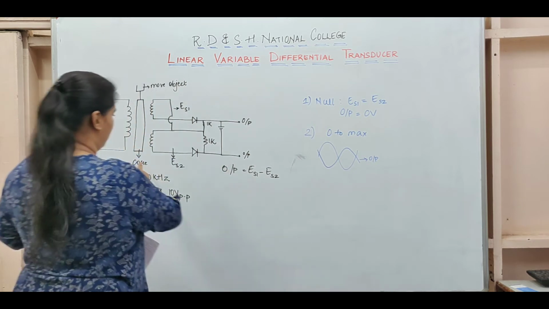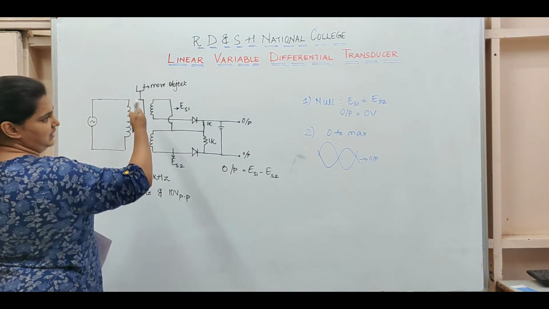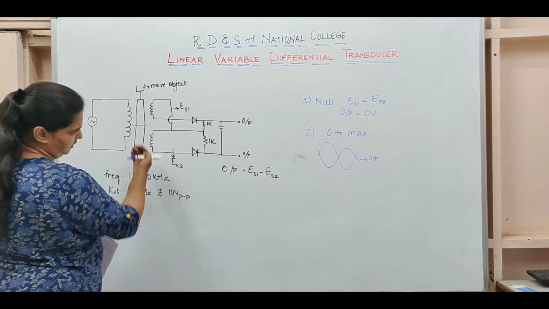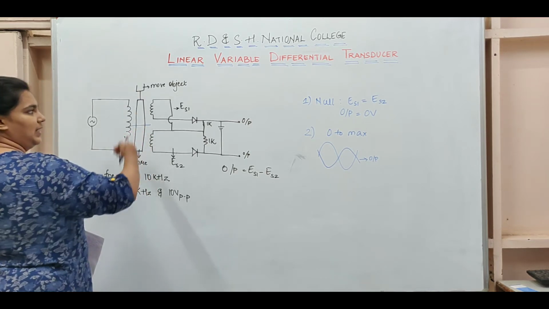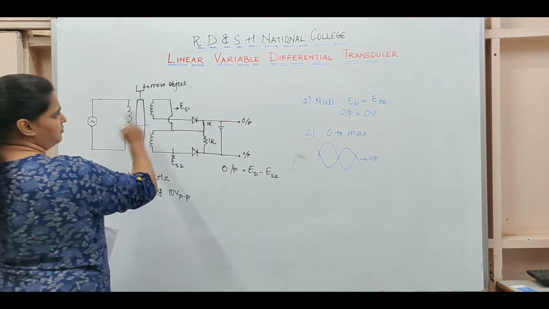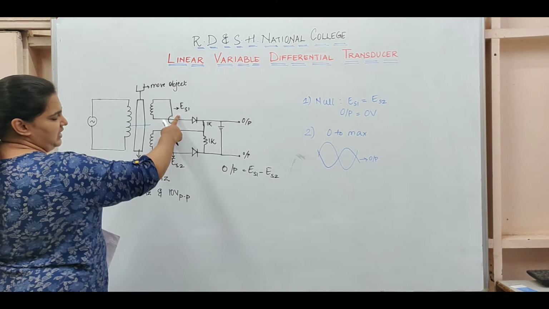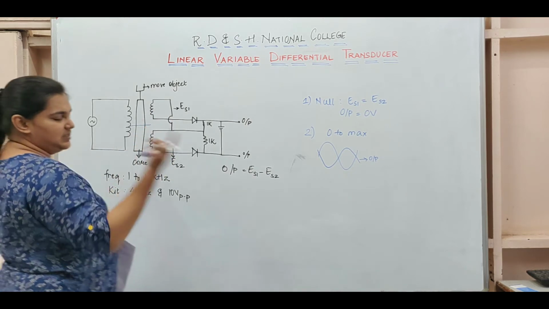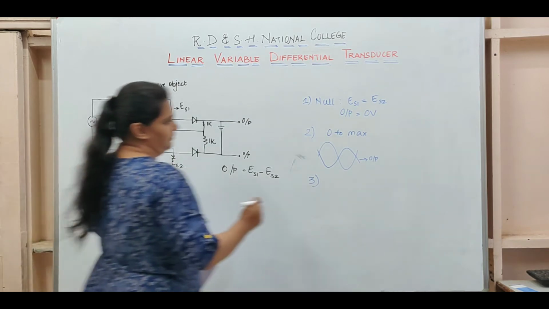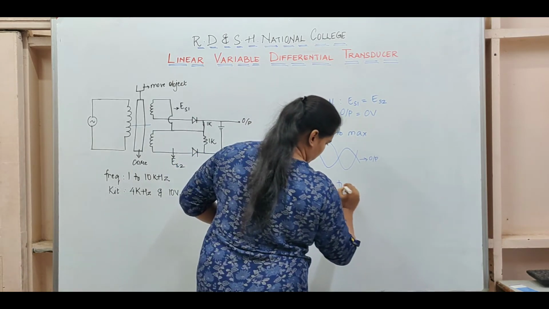Third case is if I am moving this core towards the other side. So this was null position. First I moved towards ES2. Now I am moving my core towards ES1. Because of mutual inductance being more with ES1 or coil 1, ES1 will increase. So again, at null I was at 0, so I will go again from 0 to max.